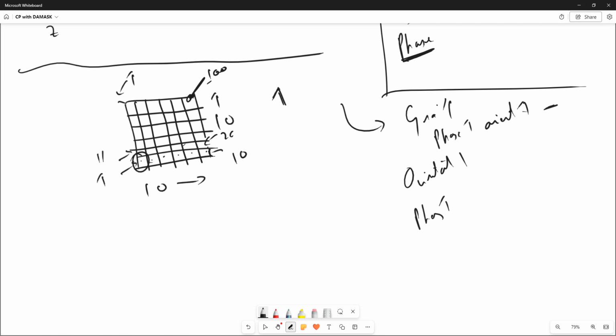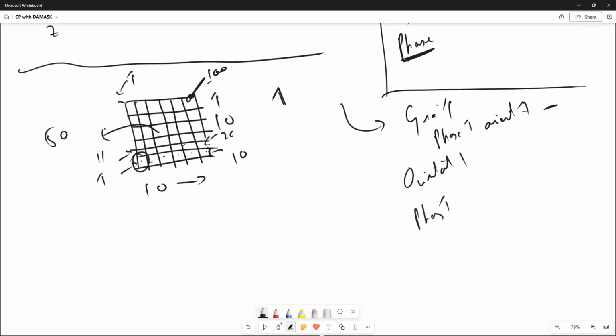So how Damask reads this is Damask looks at your geometry file. It sees, for example, oh, this grain has address 50, right? Then, to understand what this point is, it goes to the material file and sees what the information about grain 50 is.